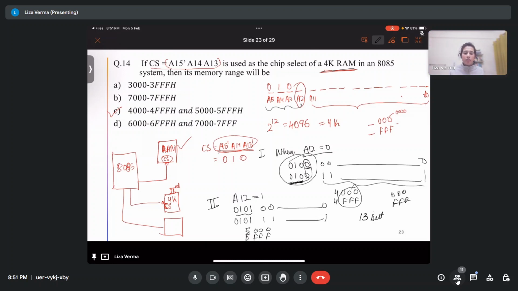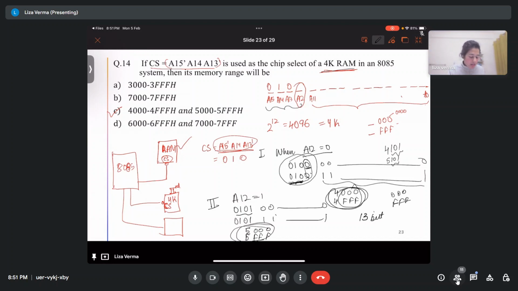So this is the concept of memory folding: for the same lines, depending on the value of A12, if the memory location is say 101, for address 4101 you will go to this location, and for 5101 you'll go again to this location, because our range is this as well as this.